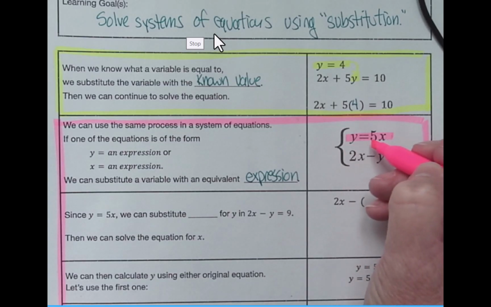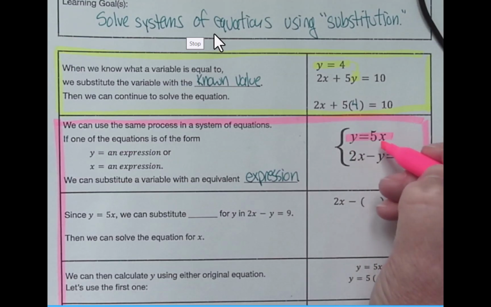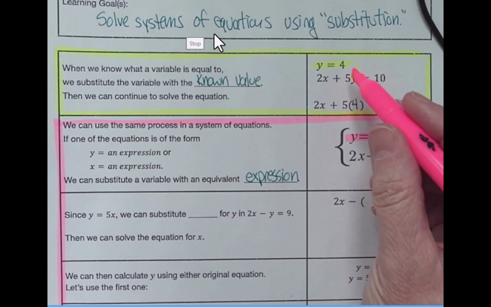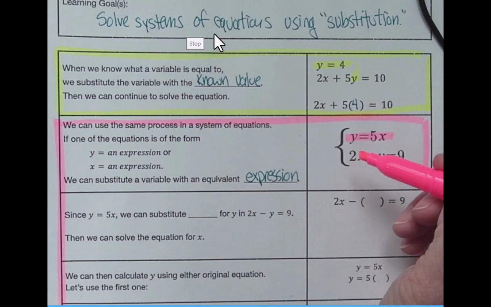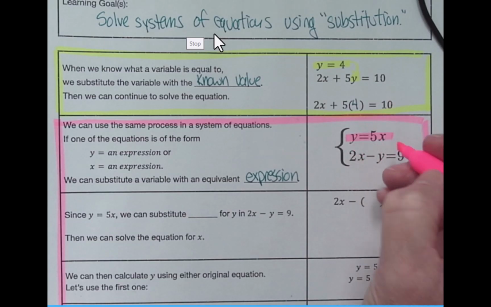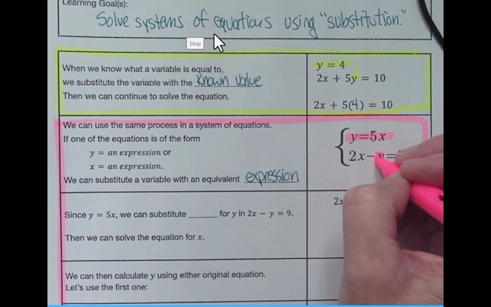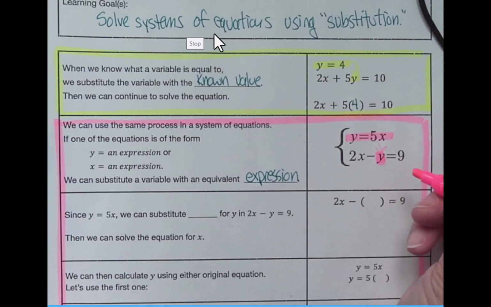So that means in the other equation, wherever I see y, I'm going to substitute in what y is equal to, just like I did up here. When I knew y was equal to 4, I substituted in 4 for y. Here, I know that y is equal to 5x, so whenever I see y down here, I'm going to substitute in 5x, because that's what y is equal to.